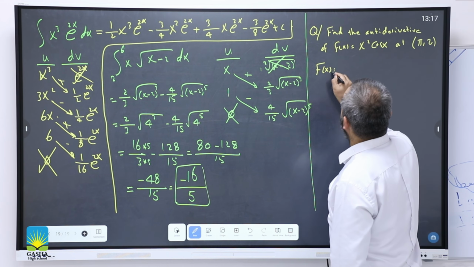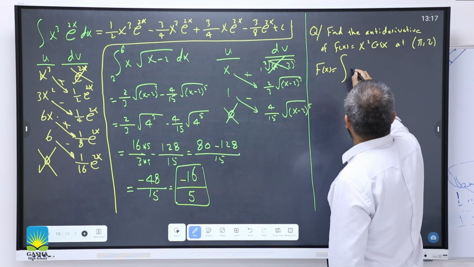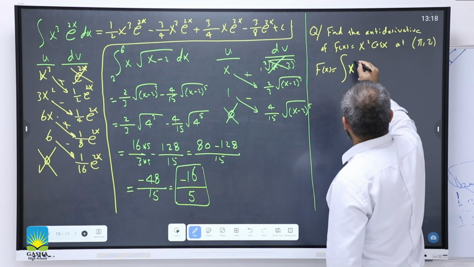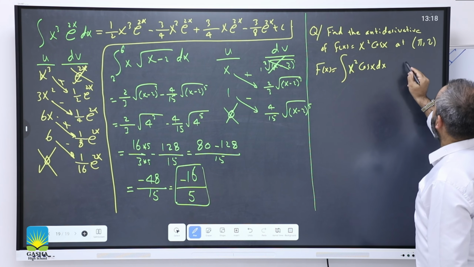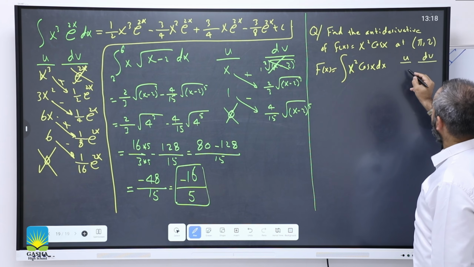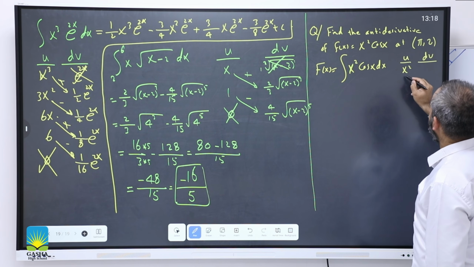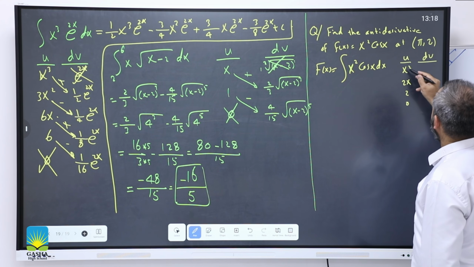So f of x equal to the integral of x squared cosine x dx. Now we solve by u dv. u is x squared. We take the derivative, 2x, then 0.